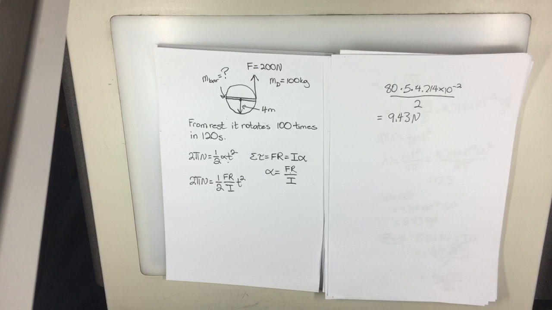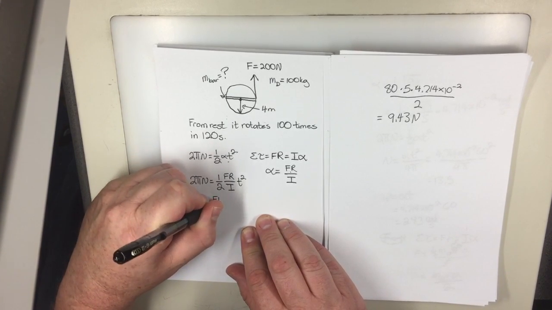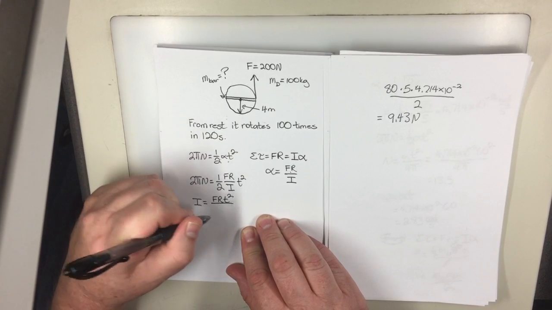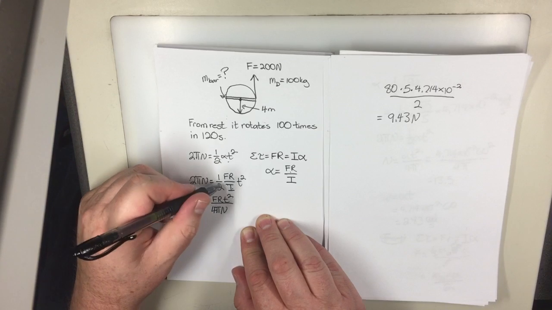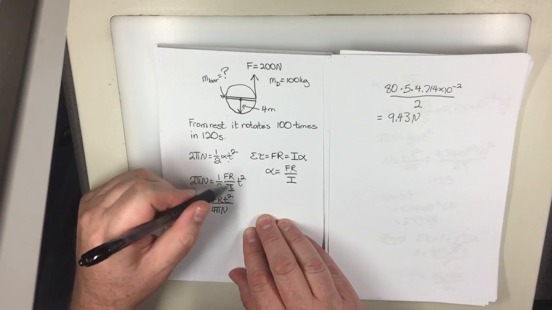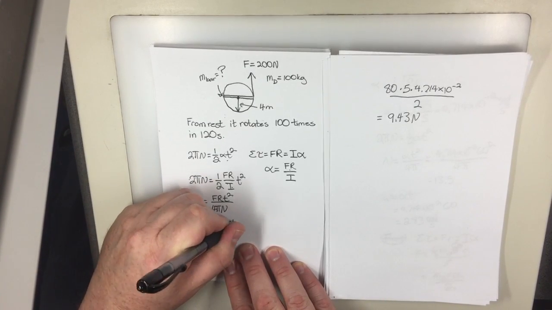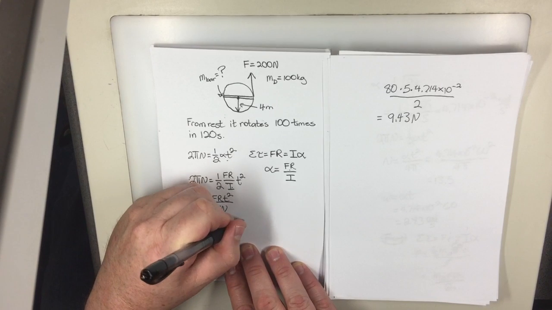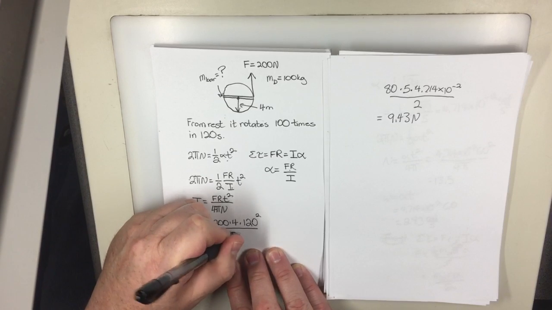The only unknown in this problem is I. And so what I could do to make this a little bit easier is actually find what the value of I is, the moment of inertia of the system. So I is equal to FRT squared over 4 pi n. I comes up, 2 pi n comes down, meets the other 2 and becomes a 4, and then you got FRT squared in the numerator. This becomes 200 times 4 times 120 seconds divided by 4 pi times 100.